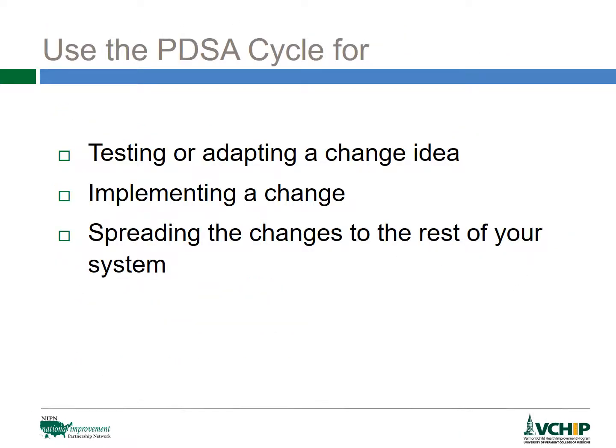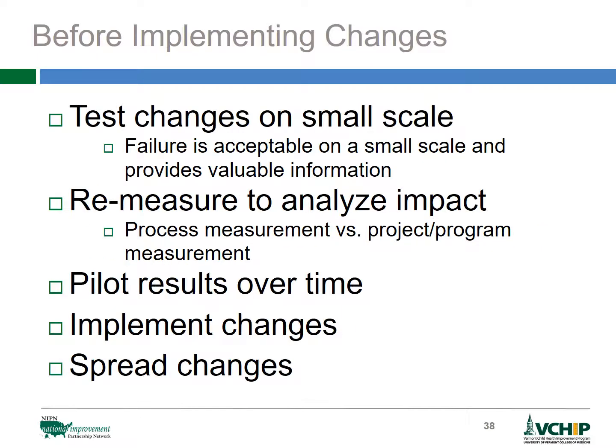So you would use the PDSA cycle for testing or adapting a change idea, for implementing a change, and then for spreading the changes to the rest of your system. Before you start implementing changes, you really want to test changes on a small scale because failure is far more acceptable on a small scale than it is large scale, and it can provide very valuable information.